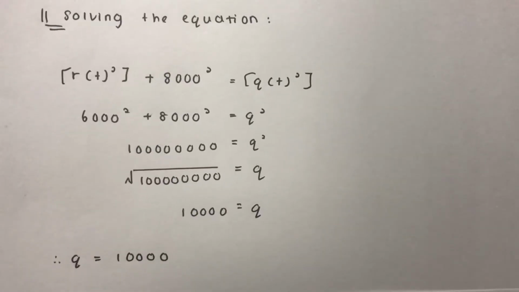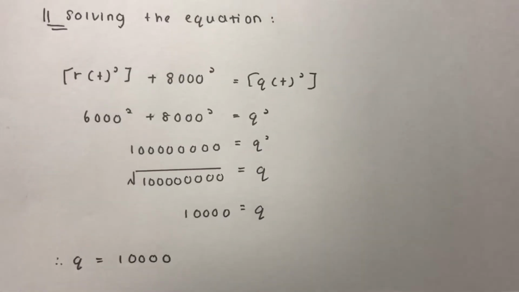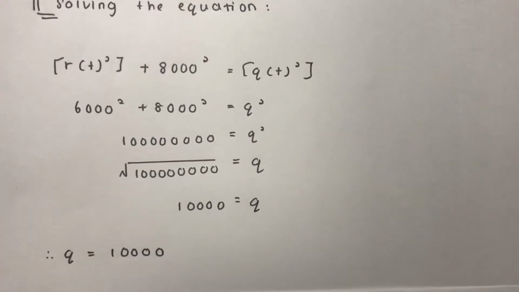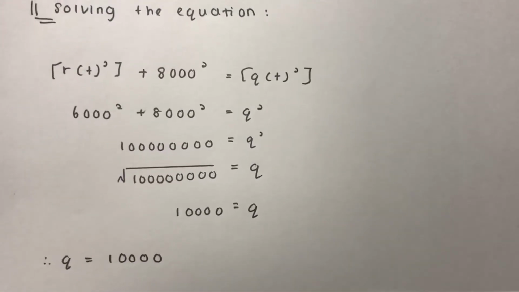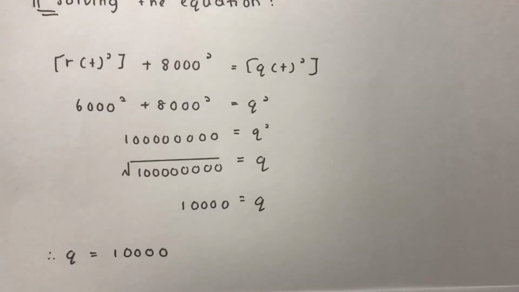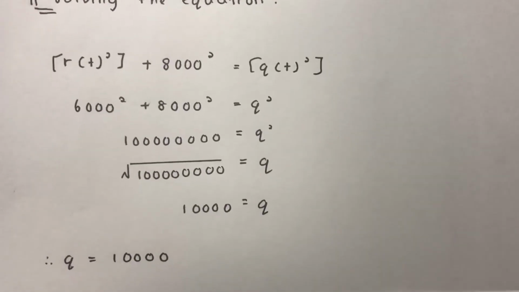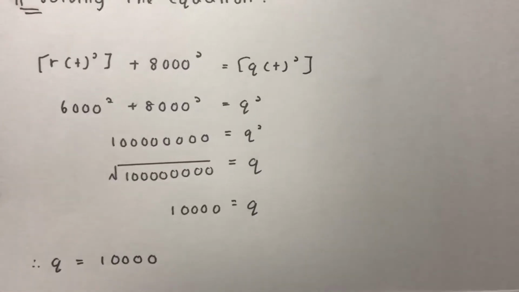We must add 6,000 squared with 8,000 squared, equal to q squared. After that, we will get 100 million equal to q squared. Then you must take the square root of 100 million to get the value of q. Then we will get 10,000 for q.